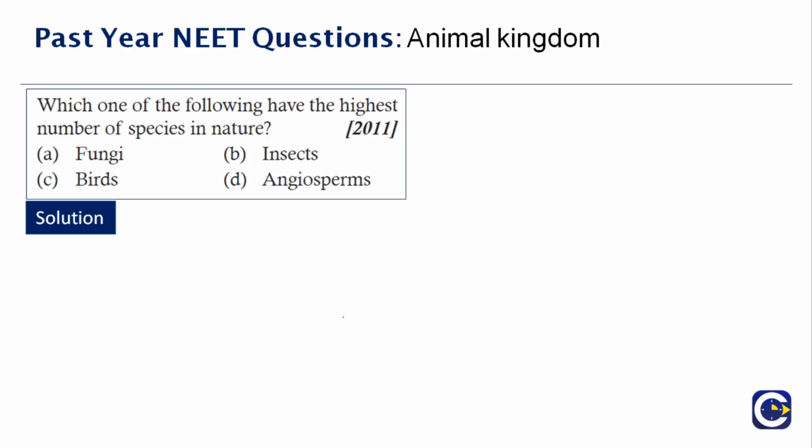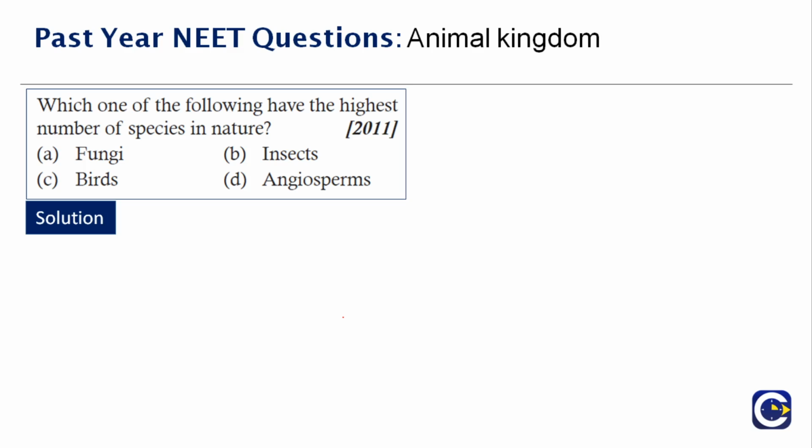So we all know microorganisms contribute to the highest level, but here we do not have bacteria or virus. Fungi, okay, we can consider them as highest, but out of the 4 options given here, insects contribute more than fungi.